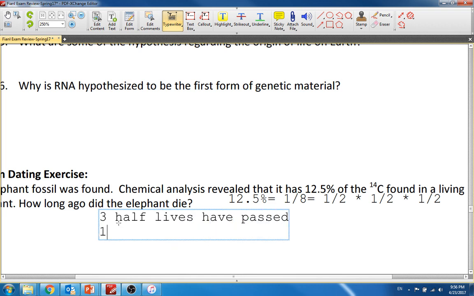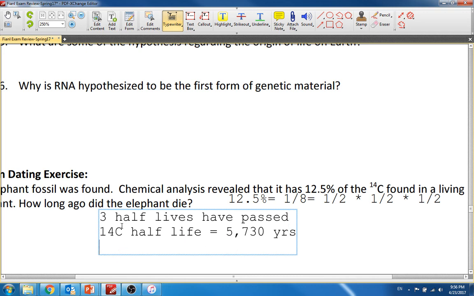Because one half-life for carbon-14 is 5,730 years, this elephant died 5,730 years times 3, which is 17,190 years ago.